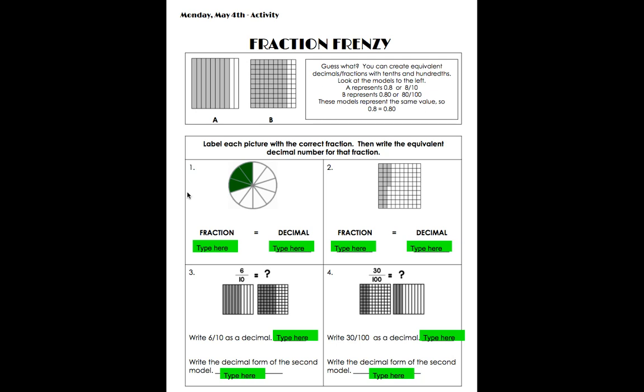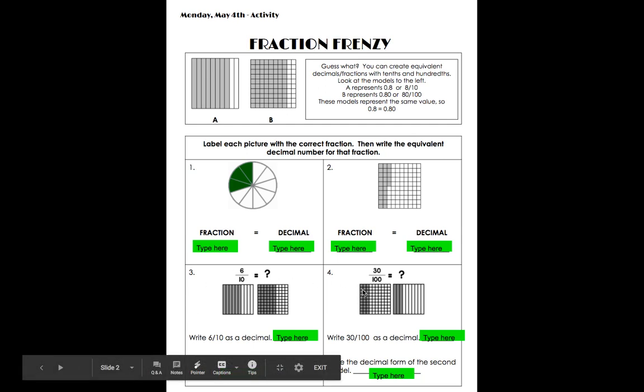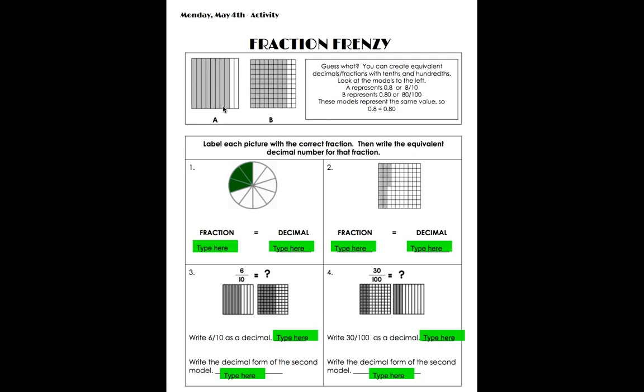Then you're going to have to write that as a fraction, however much is shaded out of your whole, and then you're going to have to correlate it into a decimal. Okay, and then 3 and 4 down here are pretty much the same thing as your example. So if you need to, look back up here and it walks you through the steps and the way of thinking.